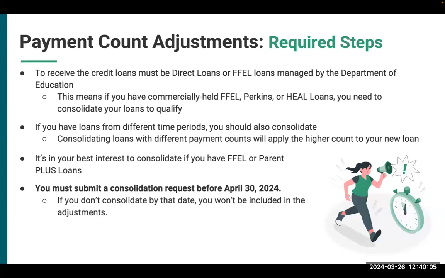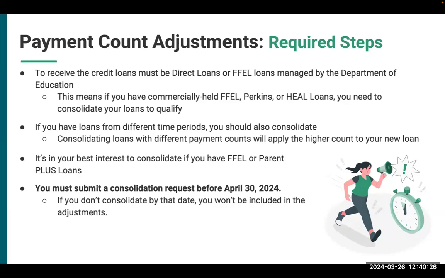Well, by consolidating them all together, they will all take on the credit count of the 2011 loans. And therefore I'll be able to receive forgiveness on all those loans as I would those 2011 loans. So for people with different time periods, right, different disbursement dates on those loans, consolidation is a must before this account adjustment takes place.